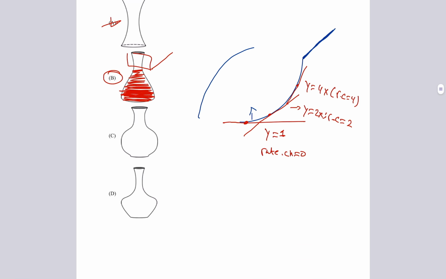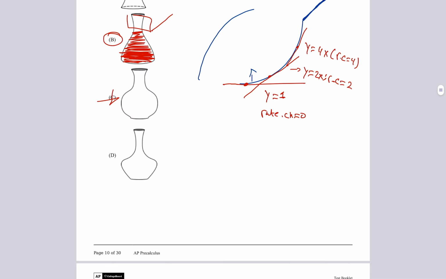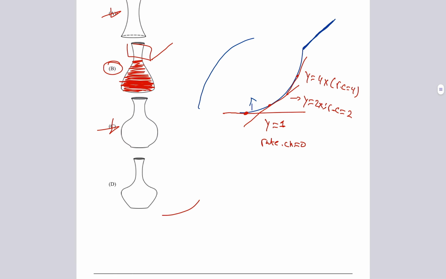What about C? Well, what about this part? They did not mention 1, 2, and 3, right? And this is not true. And what about D? Well, D isn't correct because if its concavity is upwards, it means as it's going upwards, this will start to slim in, right?